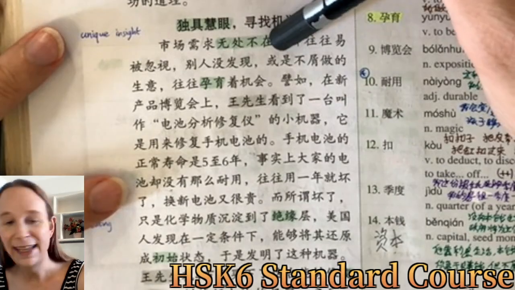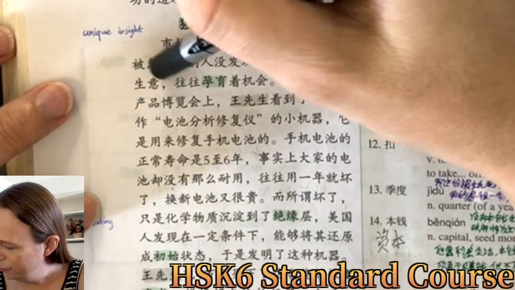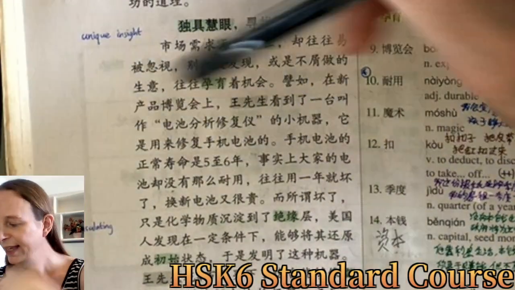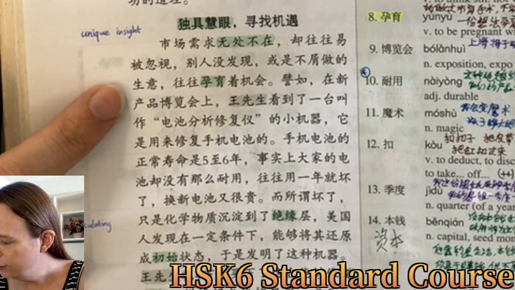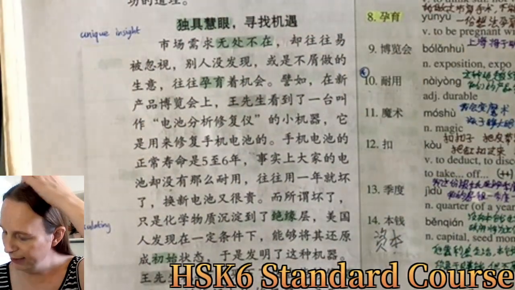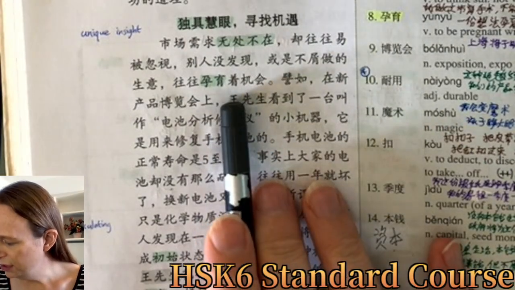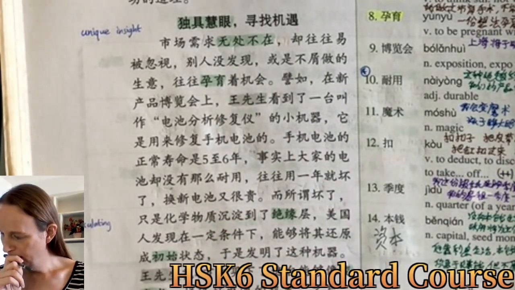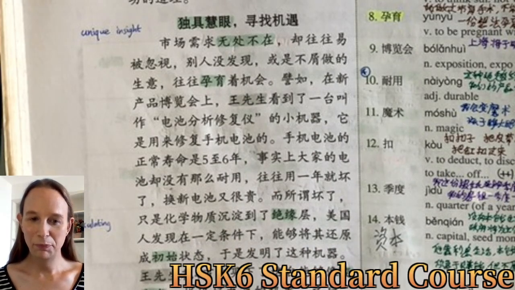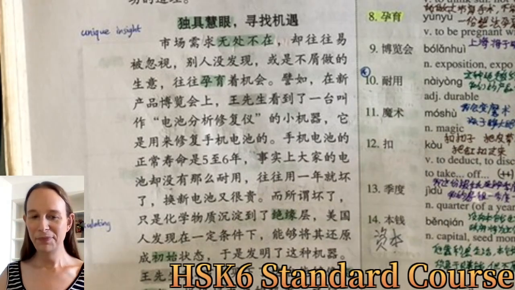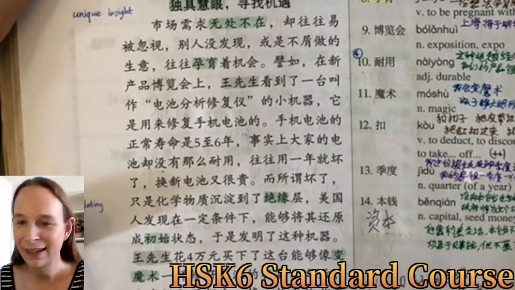It's everywhere. 却往往易被忽视. So easy to overlook, 易被忽视。别人没发现，或是不屑做的生意，往往孕育着机会。Oh, okay, so 孕育 is like pregnant, but here it's more like gestating a marketing opportunity, a business opportunity or something.